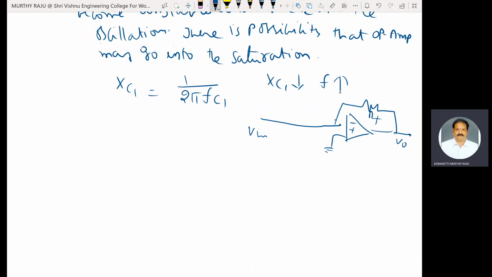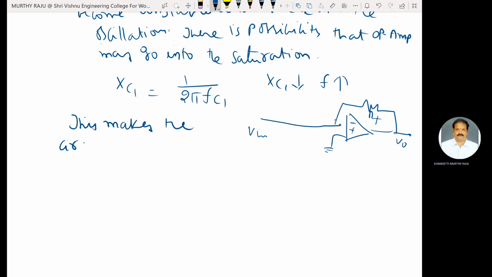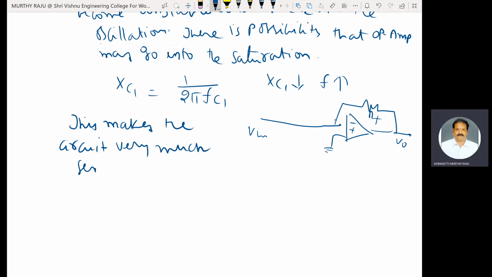XC1 decreases as frequency increases. This makes the circuit very much sensitive to the noise.